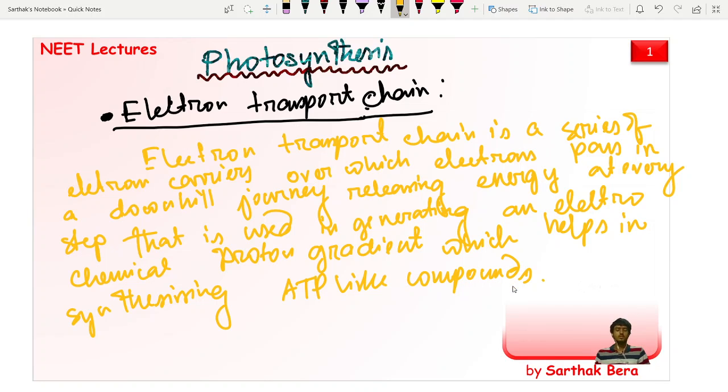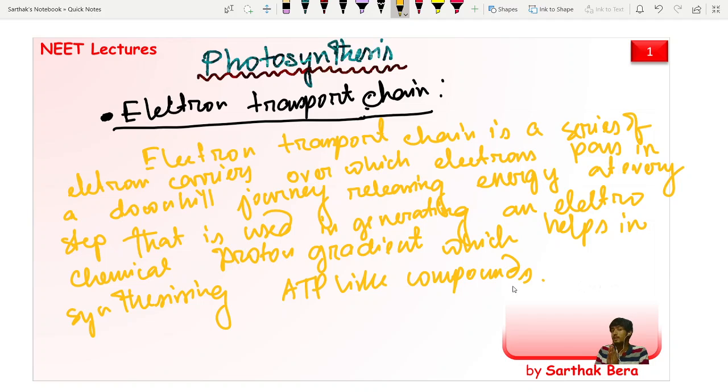Okay, so what is the electron transport chain? Electron transport chain is a series of electron carriers. Suppose cytochrome, ferredoxin, these are some electron carriers which are present. I will be talking about it later. These electron carriers carry electrons in a downhill manner. Downhill in which sense?